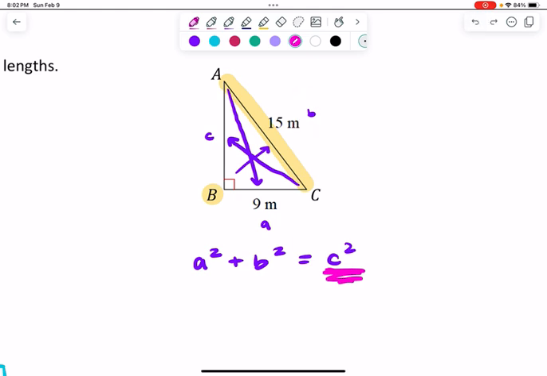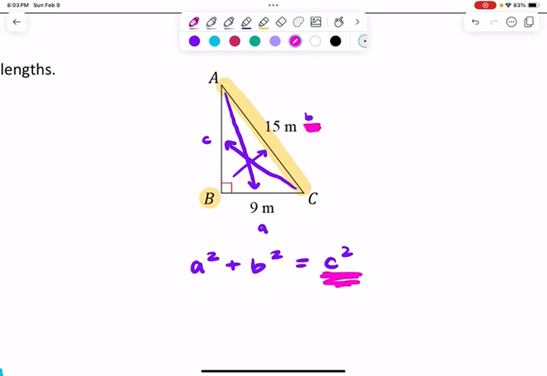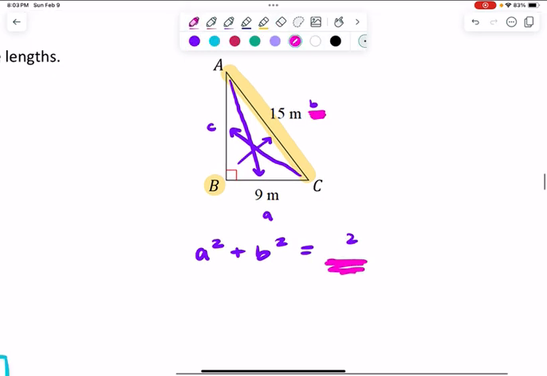So it's incredibly important that when we have a triangle labeled A, B, C, we don't just automatically put in values that are in those spots. We need to make sure we're thinking about it critically every time. So I know that instead of c squared, I'm going to put 15 squared.